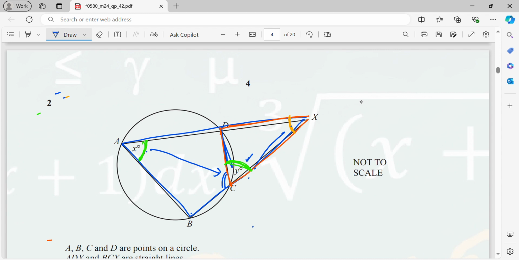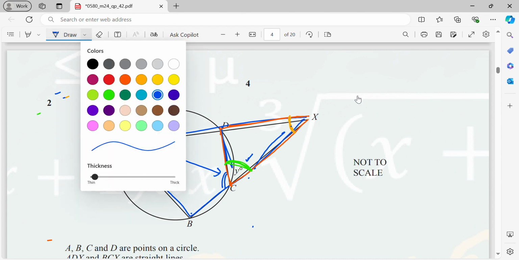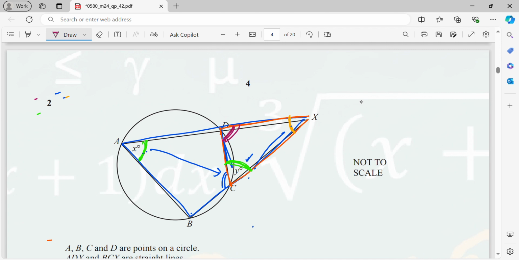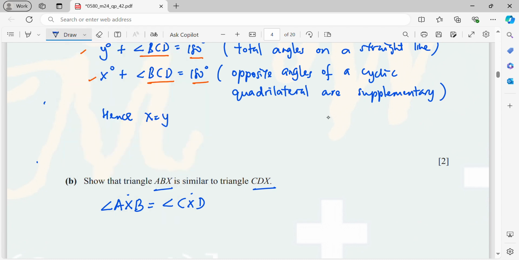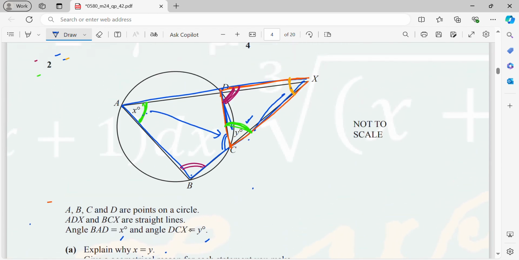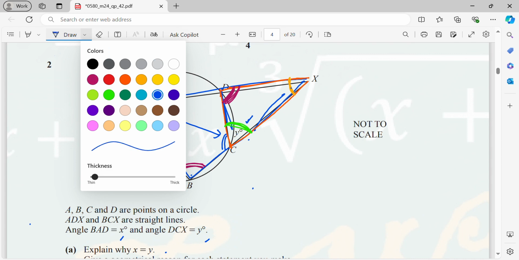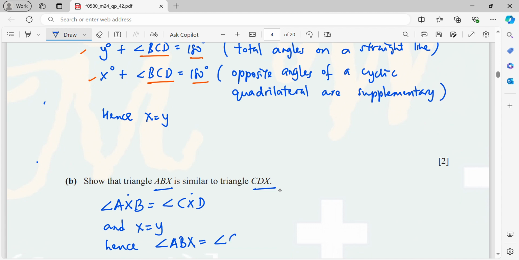Since the green angles x and y are the same, the remaining angle of the triangle will be the same too. Because x and y are equal, we have proven x equals y, hence angle ABX, the purple angle, will be the same as angle CDX.